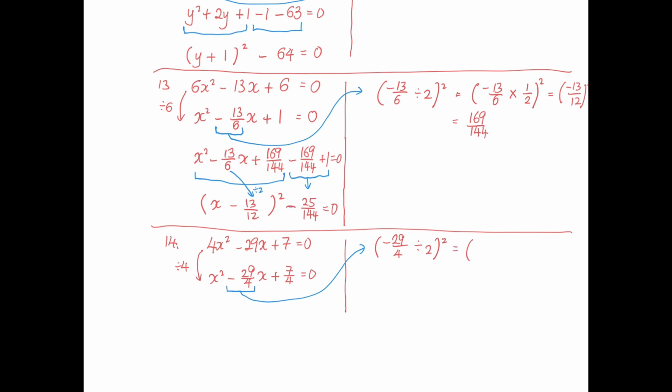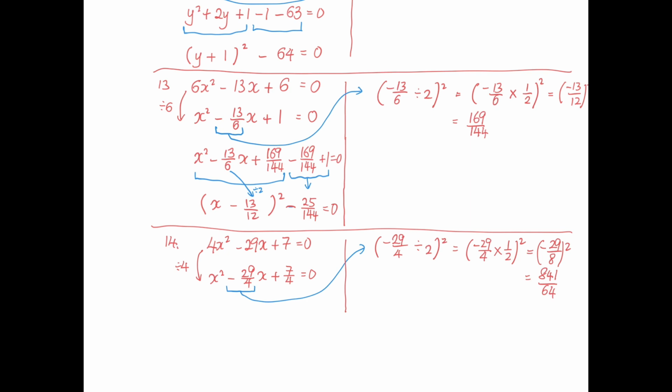You will get minus 29 over 4 times 1 over 2, which is minus 29 over 8, and you square it. So you will get 841 over 64. This is the number that you are going to add. You are going to plus and minus at the third and the fourth position.